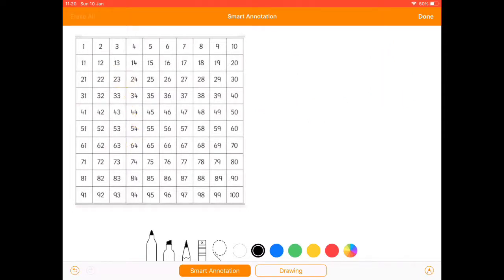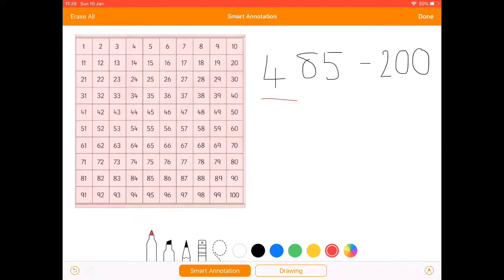Let's look now at subtracting multiples of 100. So the first example I've got here is 485, and I'm going to be subtracting 200. So again, let's check our place value. 485. How many hundreds have I got?